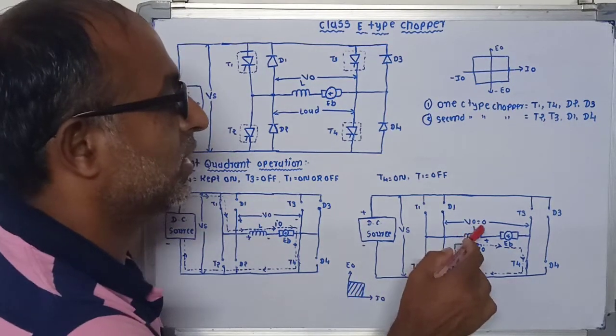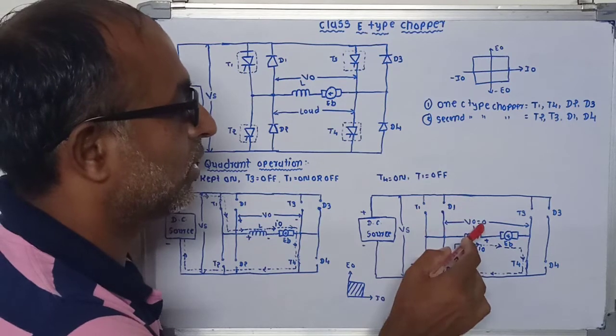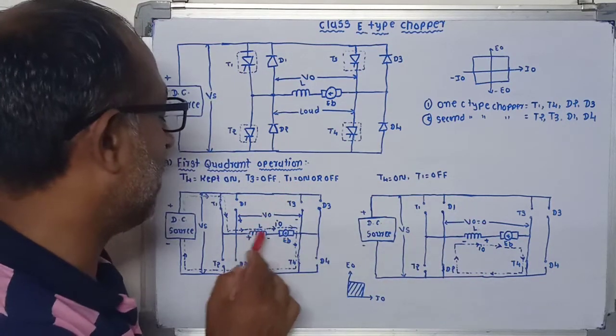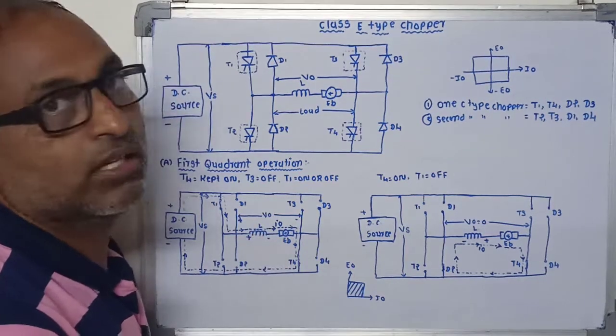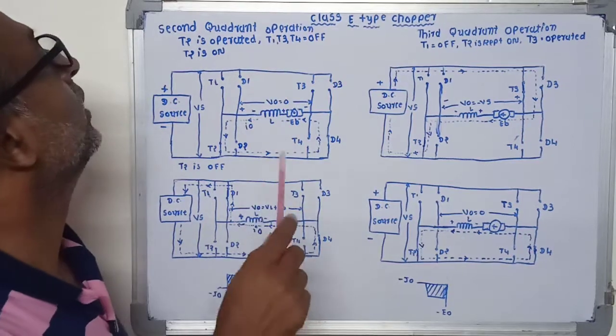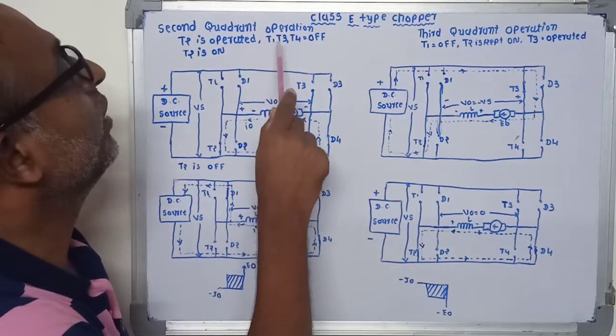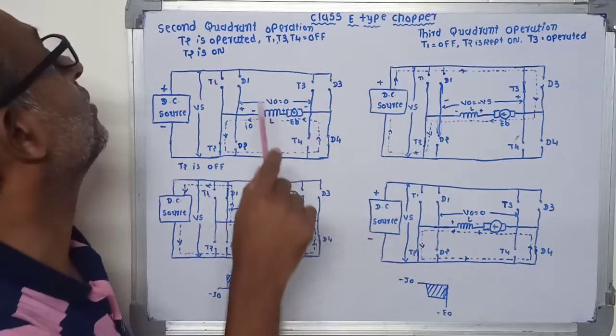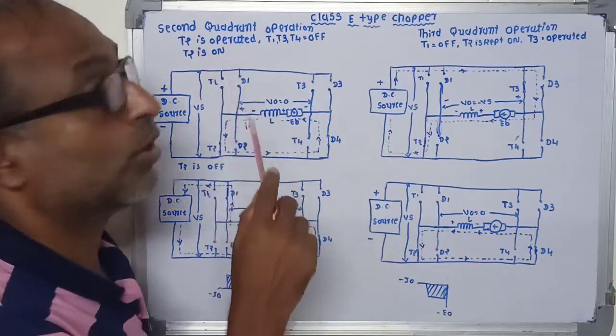Here your output voltage is 0 when T1 is off, and when T1 is on, the output voltage is equal to supply voltage Vs. Second quadrant operation. Here thyristors T1, T3, T4 are kept in off condition where T2 is operated.